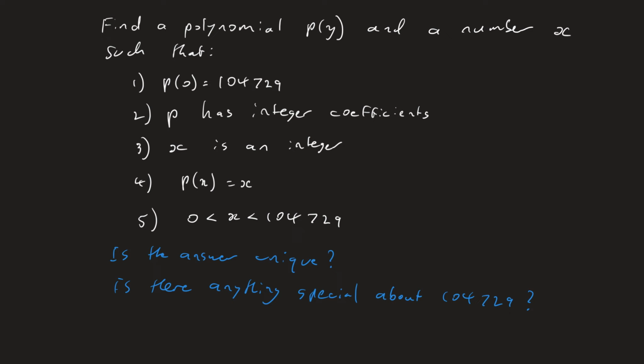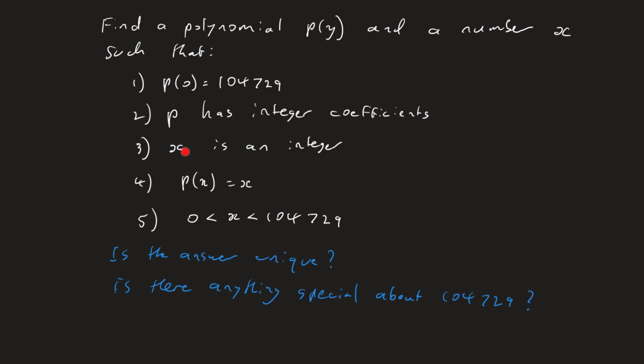Today's problem is to find a polynomial p of y and a number x such that the following 5 constraints are true. The polynomial, when evaluated at 0, gives the number 104,729. The polynomial p has integer coefficients.